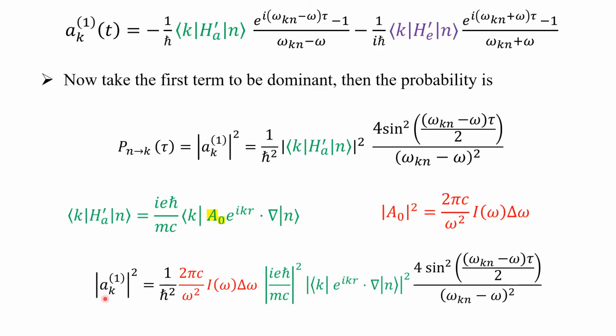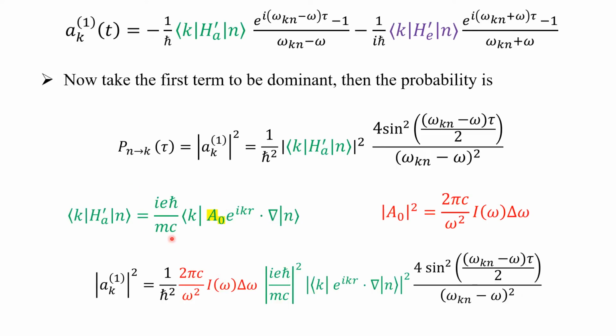Then what you will get for this probability, that is |a_k(t)| modulus square: already you have 1 over ħ squared. Now you replace this by this one. Here you have A into A squared. You take the A squared term, which I have shown in red color, so this will be 2 pi c over omega squared I(omega) delta omega. This is for A_0 modulus squared.